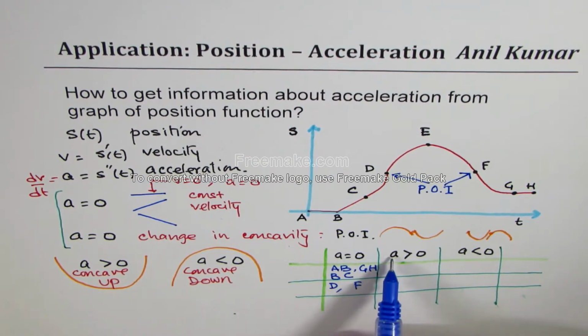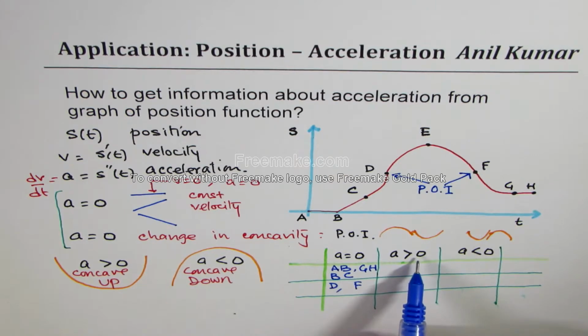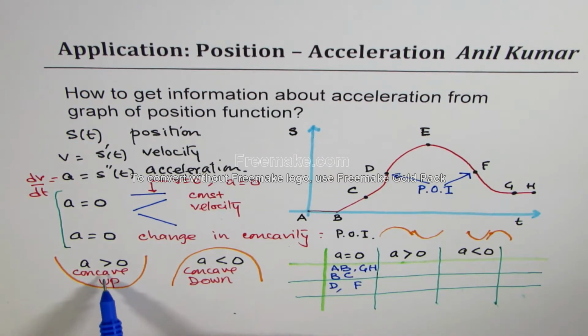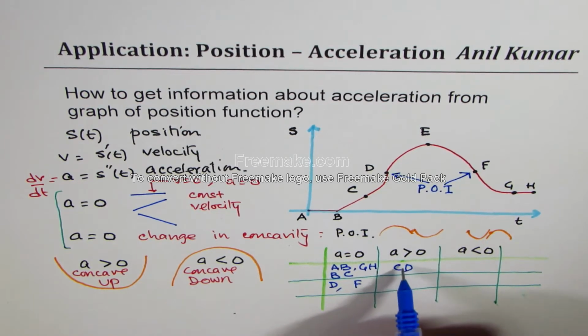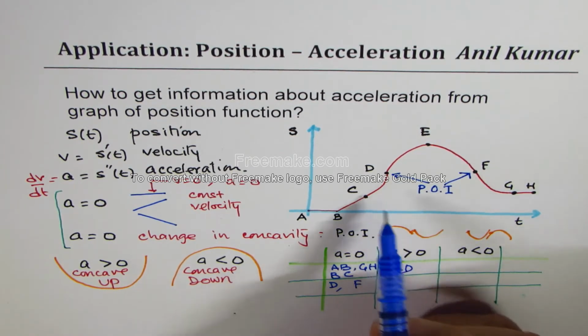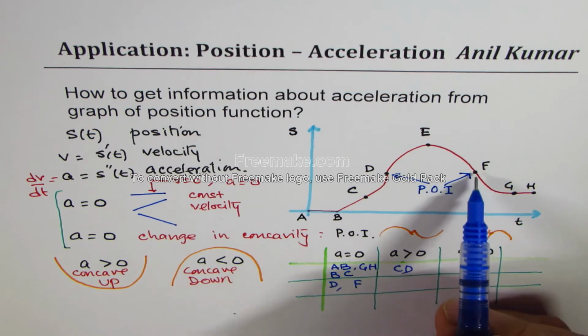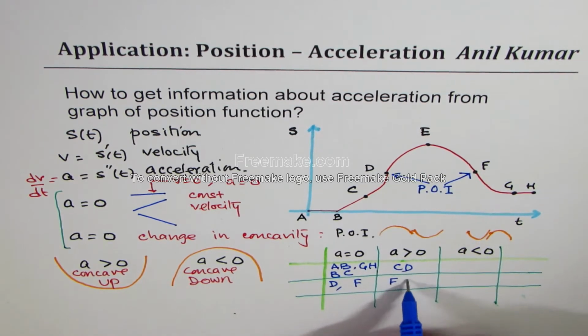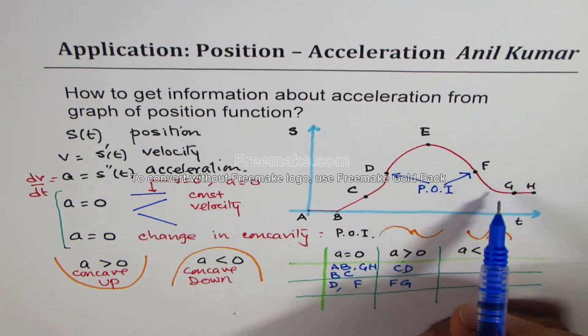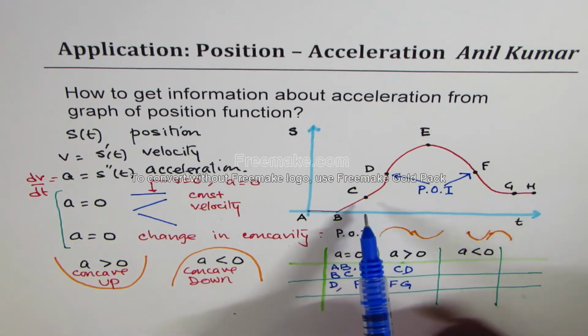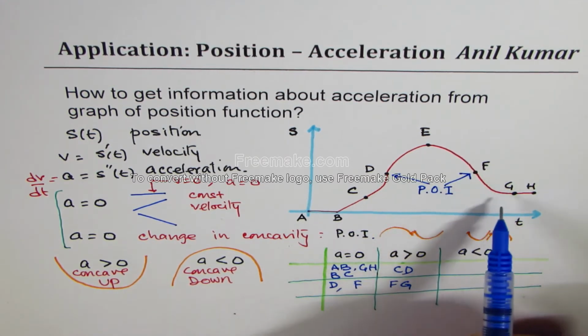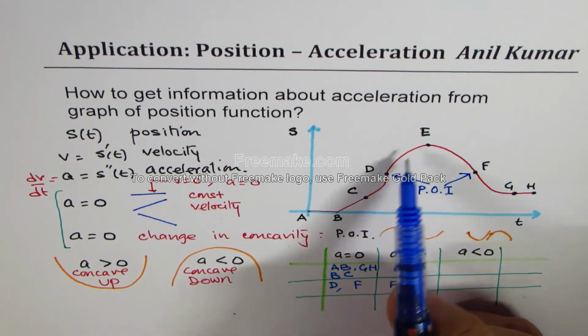Now, where is acceleration positive? Concave up, right? So we're looking at concave up. So that is C to D, right? So C to D, okay, it is concave up, and F to G. So these are the two portions or intervals when the object is accelerating, concave up. How about DEF?